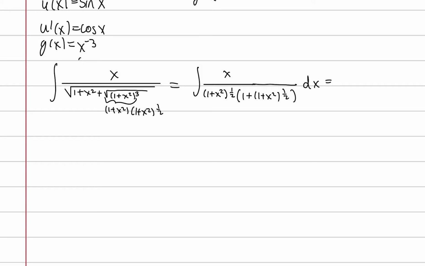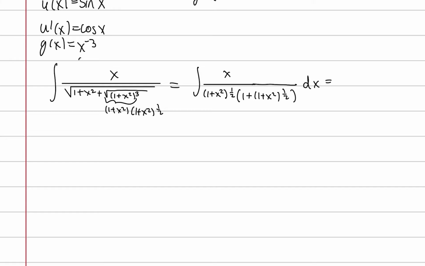So now what? Well, if I let this be my u of x, I don't really have a 2x. I mean, I do. I could have this numerator, and then that works. But then what? Then I have 1 plus u to the 1 half of x, and I could probably do another u-sub or maybe do something, but I don't like that, right? And remember, whenever you have 1 plus, we can always add 1 because the derivative is 0.